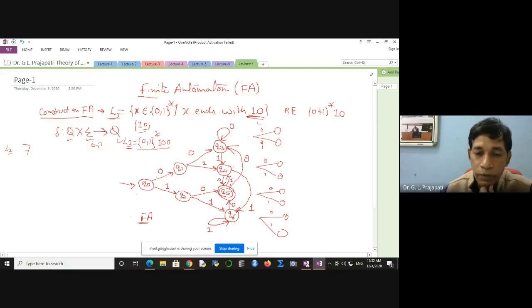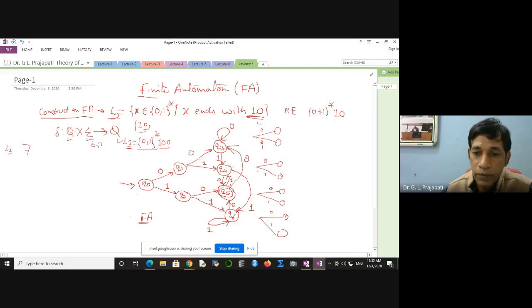So if you are starting from Q0, then for 1 0 you are at Q1. From the next 0 you are at Q3. For the next 0 you are at this state. So the last three symbols become 000. If you are at this state, then 0 0 and then 1, the last three symbols become 001.